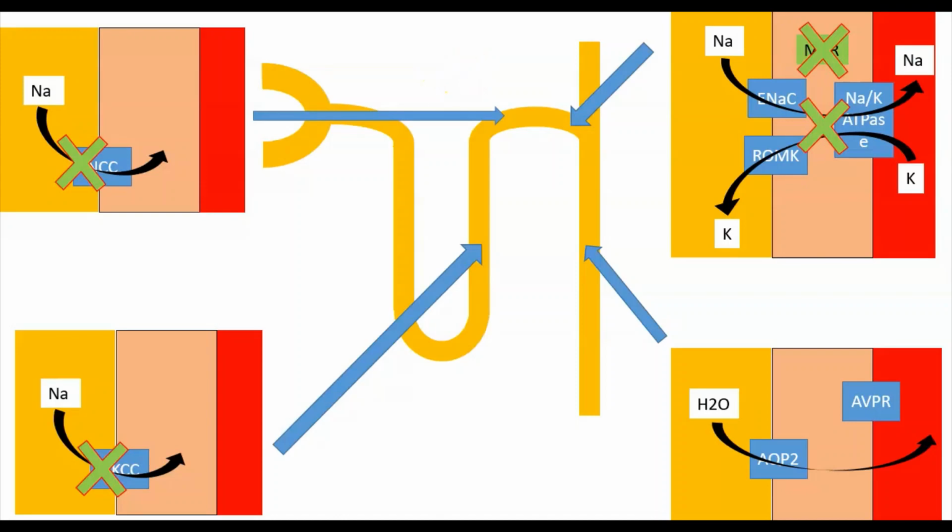But the mainstay of treating fluid overload is still to use loop diuretics. And having a bit of understanding about the loop diuretic pharmacology can certainly help with the practical use of loop diuretics in treating decompensated heart failure.